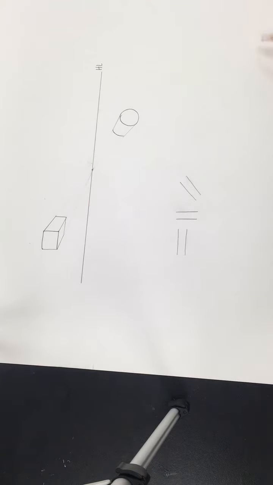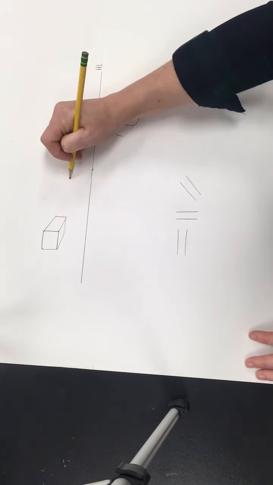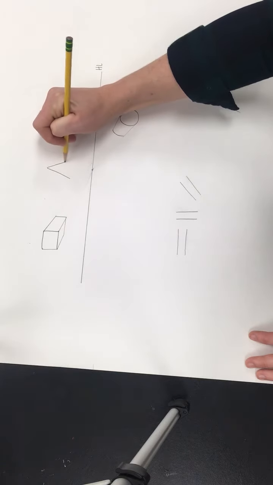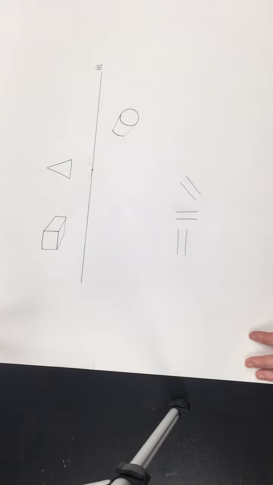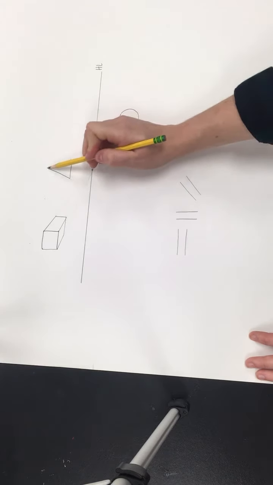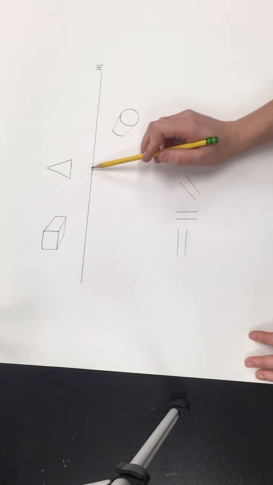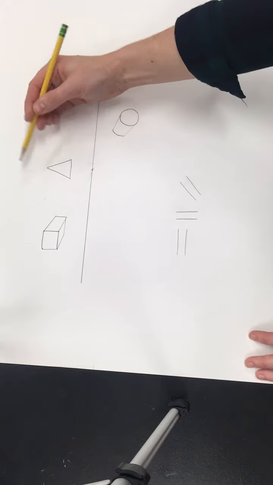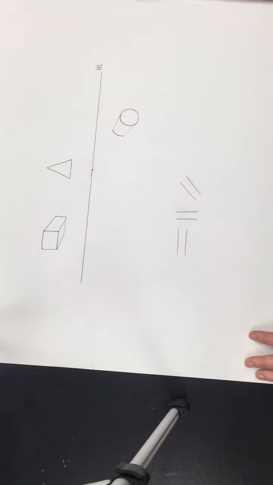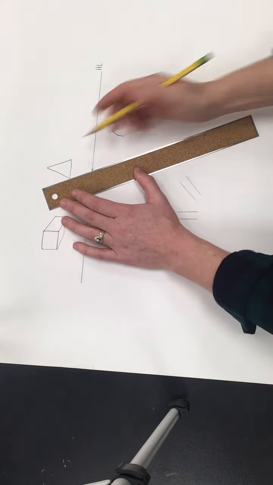Let's do a couple more. A triangle. This one is above the horizon line and in the center. Now, this has 3 points. These two will line up to the horizon line. But this one actually goes behind the shape and you don't see it. So we'll line these up.